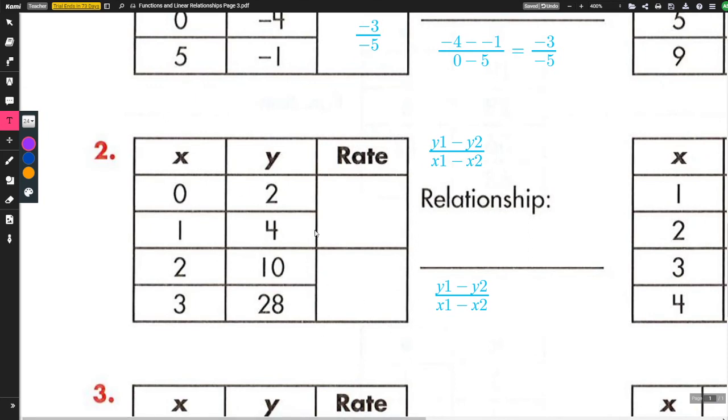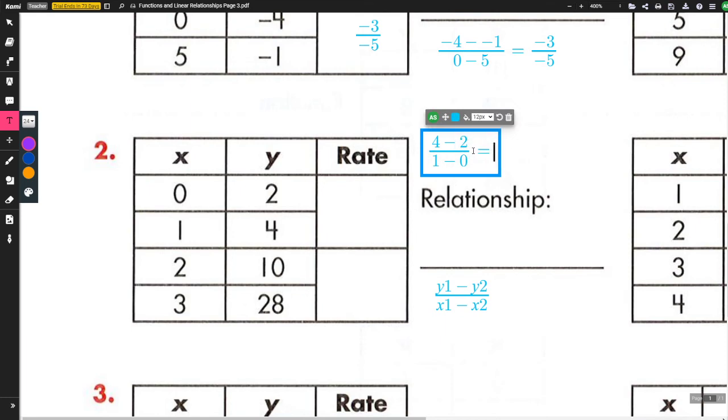So we'll do this one first, where the bottom one comes first, the top one comes second. So x1 is 1, y1 is 4. I get confused and try to do 1 and 0 sometimes, so I gotta make sure that I'm going across when I'm going up and down. Okay, and then x2 is 0, y2 is 2.